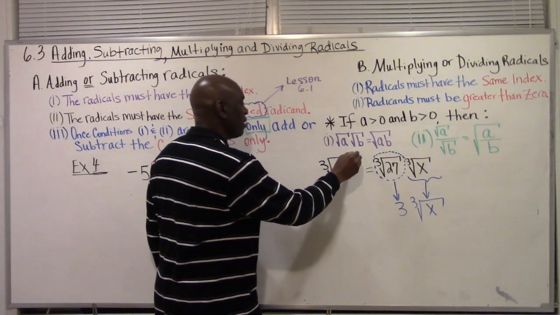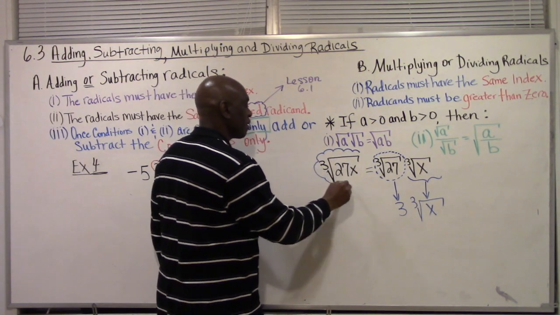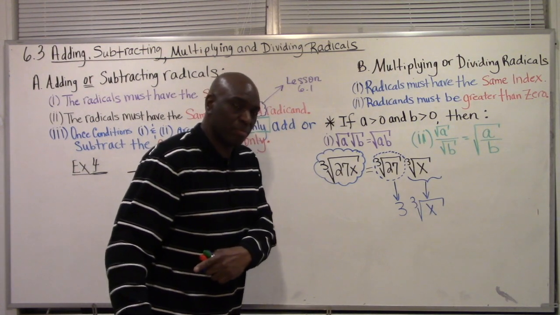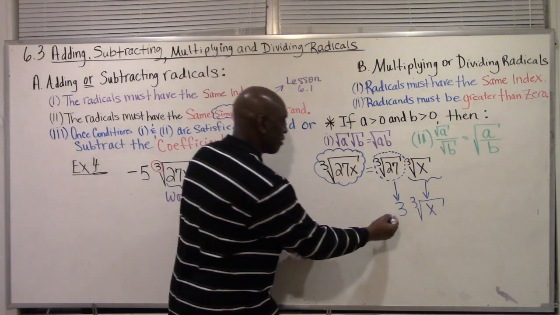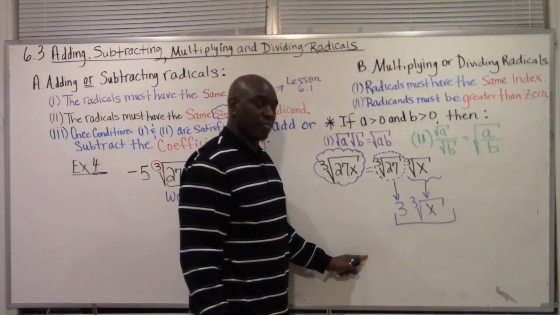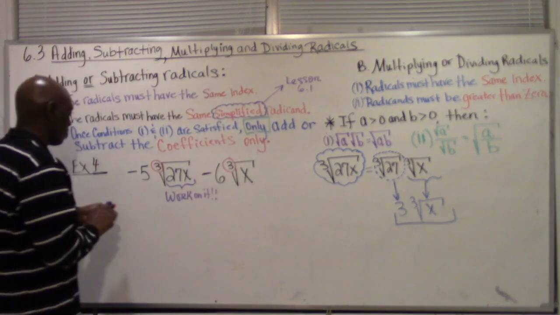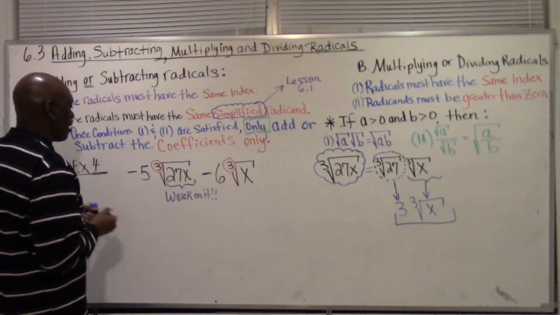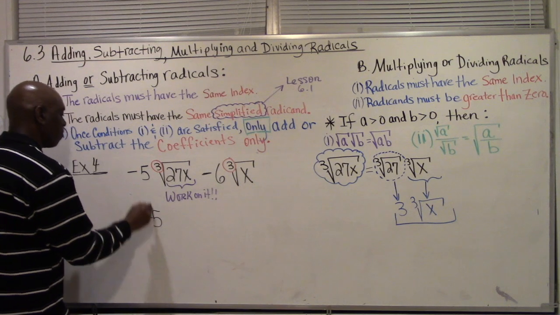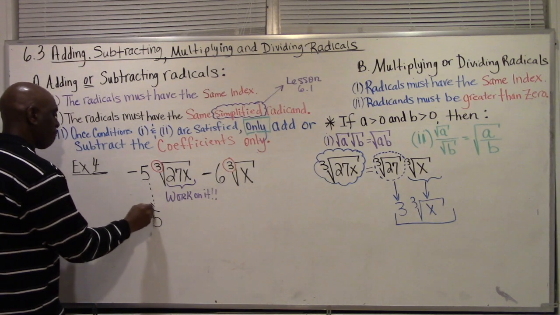So now go back to the problem. And wherever you see this, remove it, take it out, and write it like this. So I'm going to have negative 5. Bring this 5 straight down.